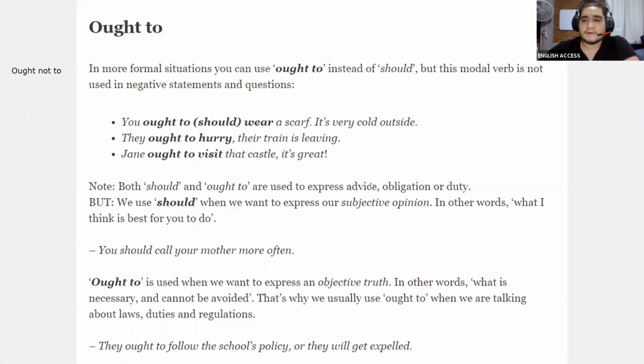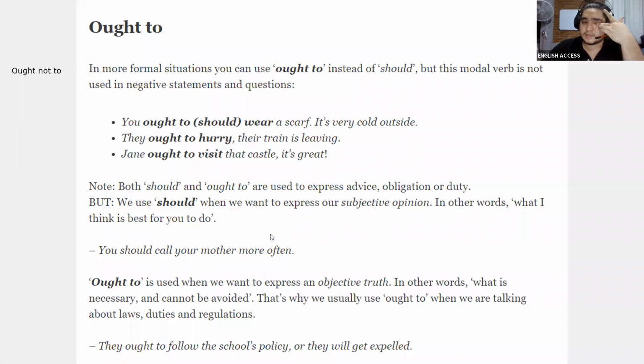For example, when there's kind of like personal emotion or feeling involved in the advice that we are giving. Okay, and ought to, on the other hand, is used for objective truth.